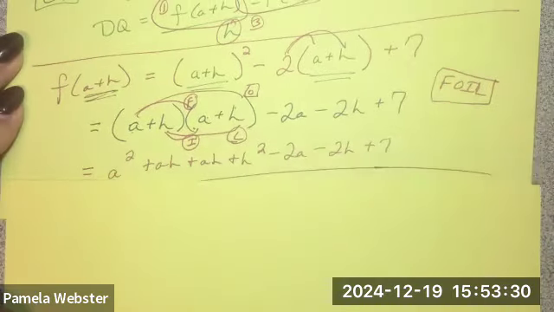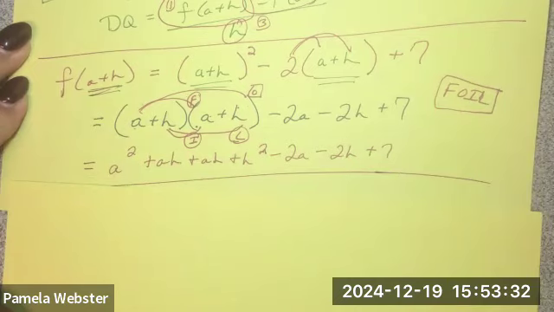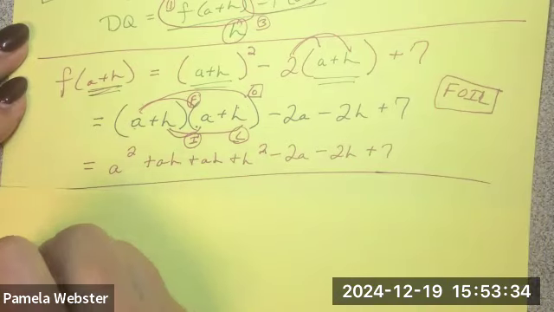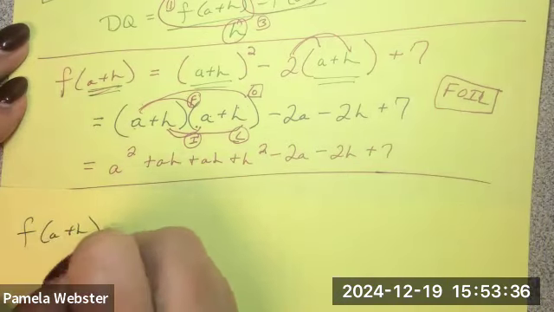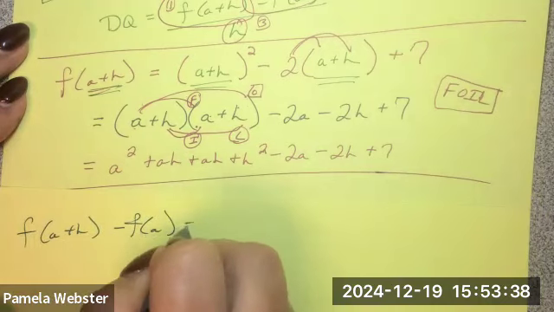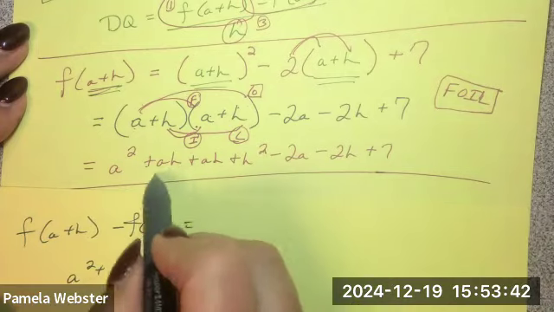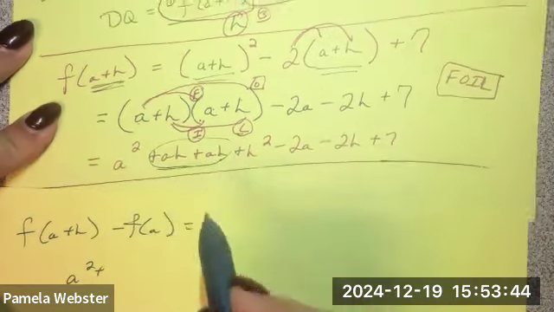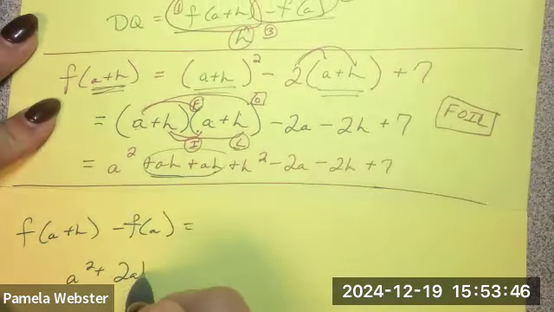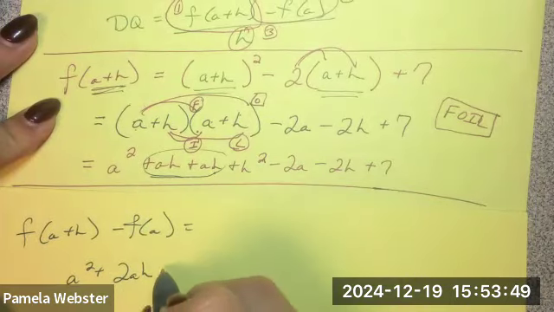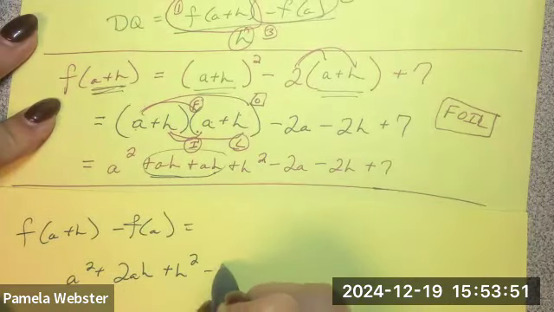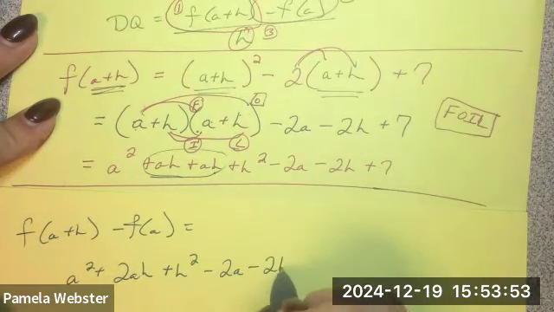Step 2, subtract off the original function with an a in it. So it looks like this. f of a plus h minus f of a. It's all this stuff. a squared plus, I'm going to call this ah plus ah, 2 ahs, plus an h squared minus 2a minus 2h plus 7.